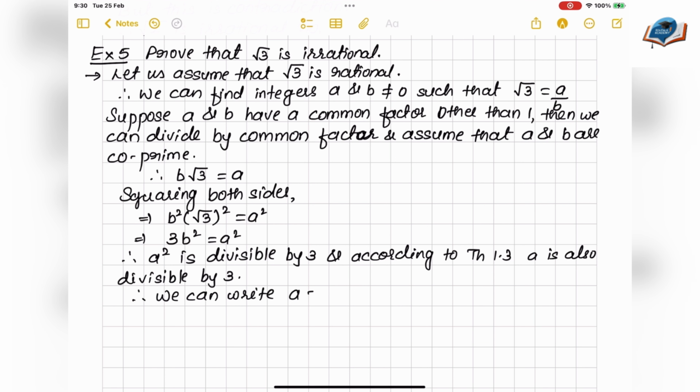Now exercise 1.2 question 1 says, prove that root 5 is irrational. So this again I will take the same method. Let root 5 be rational. Therefore, it can be written as P upon Q, where Q is not equal to 0 and P and Q are coprime.